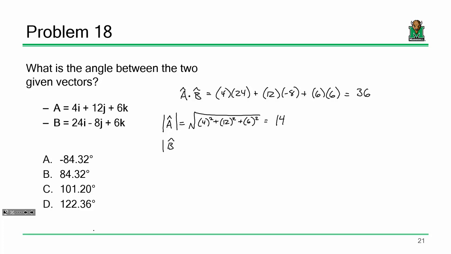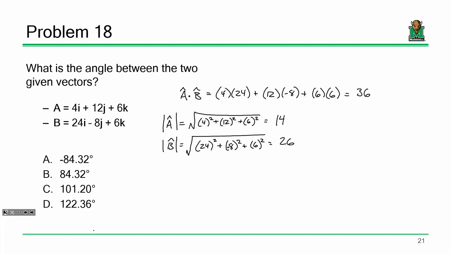For B, you end up getting a value of 26.